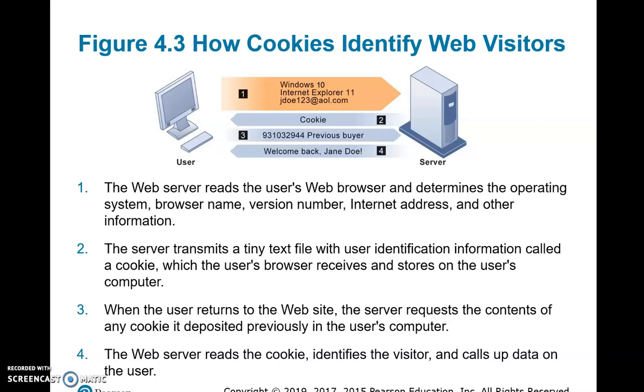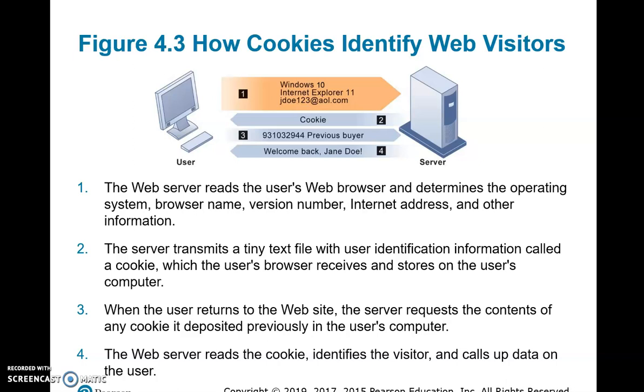The server then transmits a tiny text file, which is a cookie, with identification information. The browser receives that and stores it in the user's computer. This is done without your knowledge or anybody's knowledge. When the user returns to the website, the server requests the contents of any cookie it deposited previously in the user's computer.